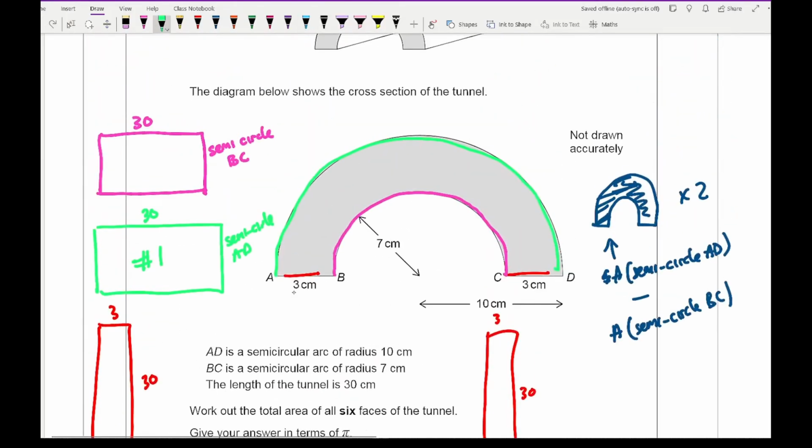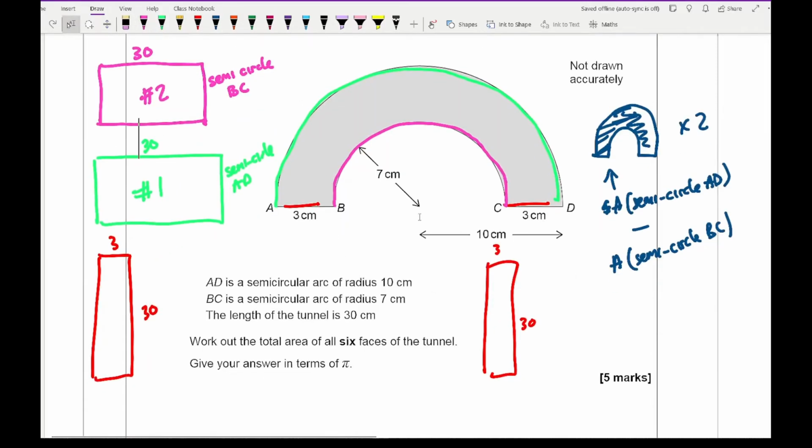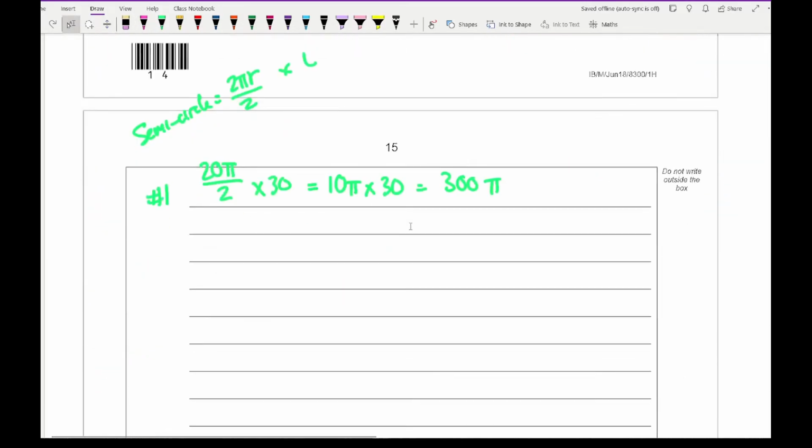Then for number 2, that's the pink one. That's going to be the semicircle with a radius of 7. So it's going to be 2 times 7 times pi divided by 2 times 30, which gives me 14 pi divided by 2 times 30, which is 7 pi times 30, which gives me 210 pi.